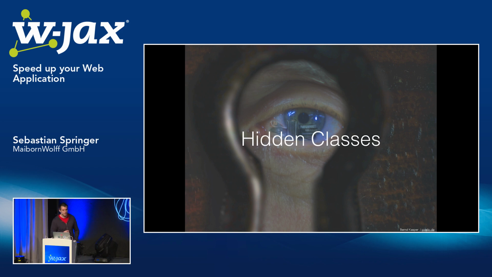And this is necessary because what do you do in JavaScript? You access objects, properties and methods of objects. And you do this very, very often in the life cycle of your application. And this has a very big potential for optimizations.